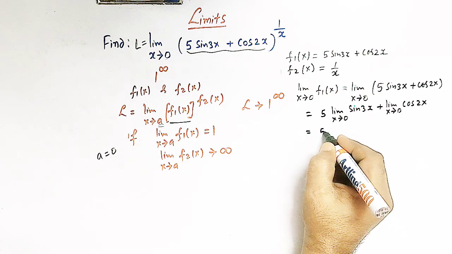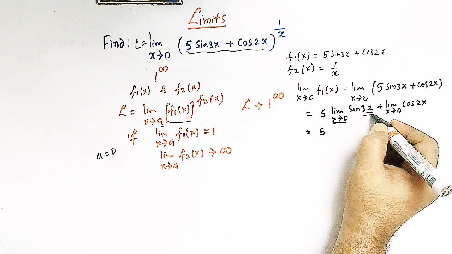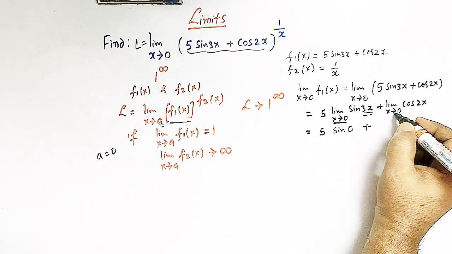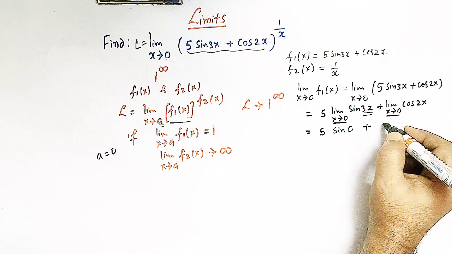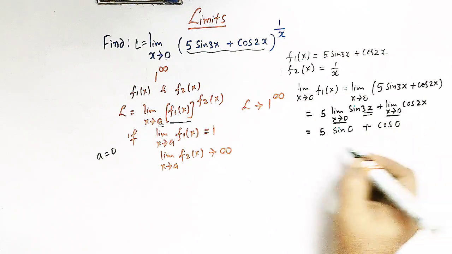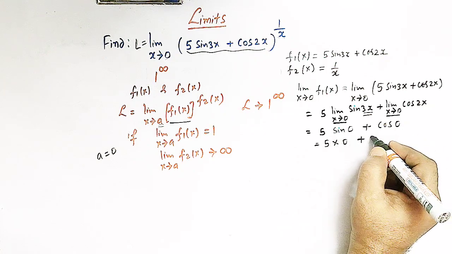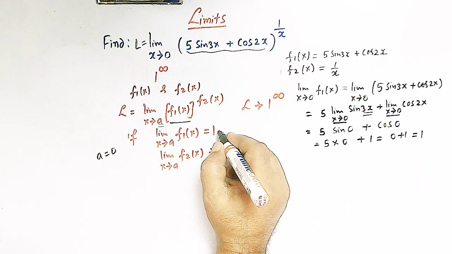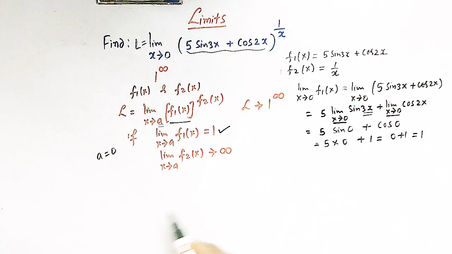When x tends to 0, then 3x tends to 0, so we have sin 0, and when x tends to 0, then 2x tends to 0, so we have cos 0. Sin 0 is 0 and cos 0 is 1, so we have 0 plus 1, that is equal to 1.